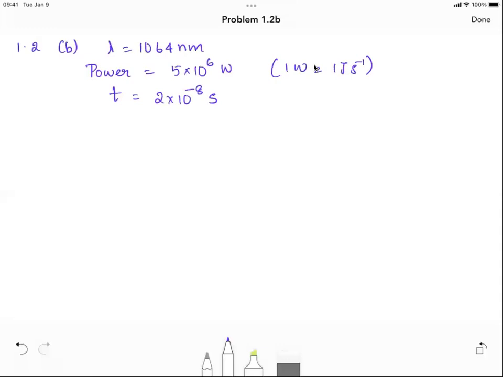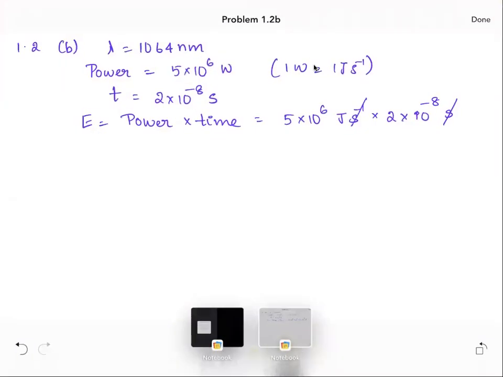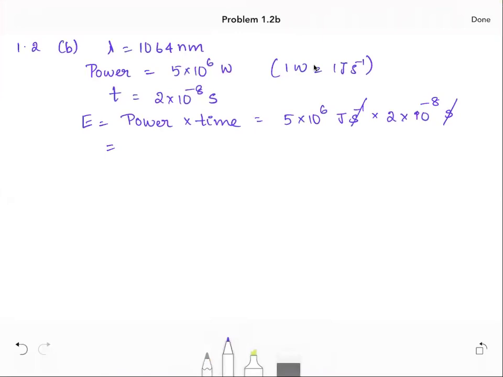So basically the amount of energy that comes out, based on the power and the duration for which the radiation is emitted, would be power times the time, which would be 5 times 10 to the 6 joule per second, 2 times 10 to the negative 8 seconds. The units cancel out, and we get something like 5 2s are 10.